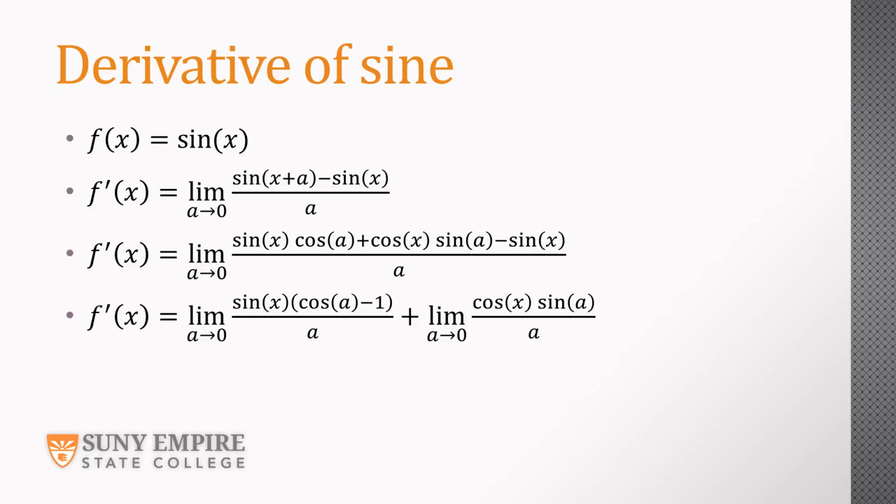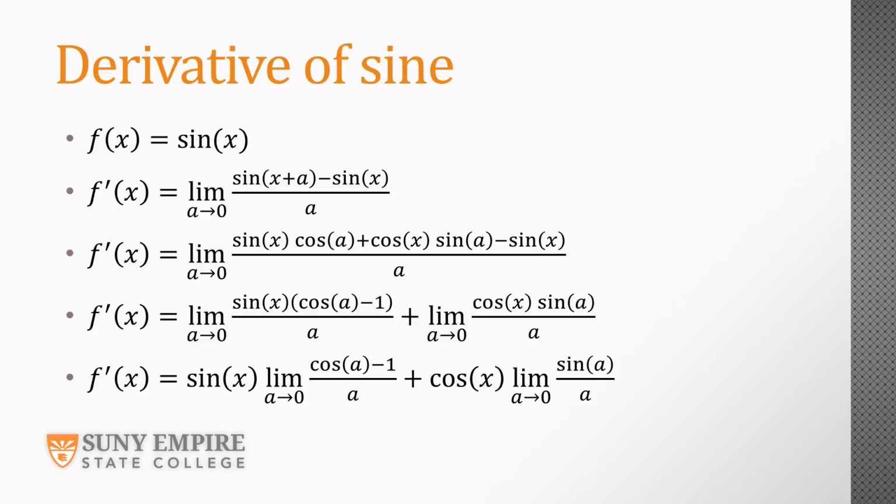We can also split those terms into separate limits. We are left with the derivative equal to the limit as a approaches 0 of the sine of x multiplied by the quantity cosine of a minus 1 divided by a, plus the limit as a approaches 0 of the cosine of x multiplied by the sine of a divided by a.